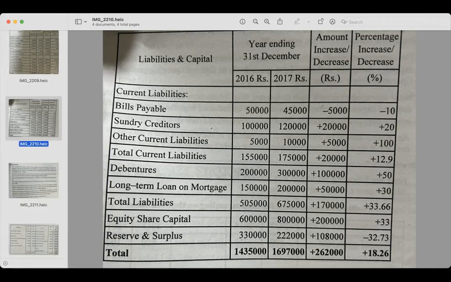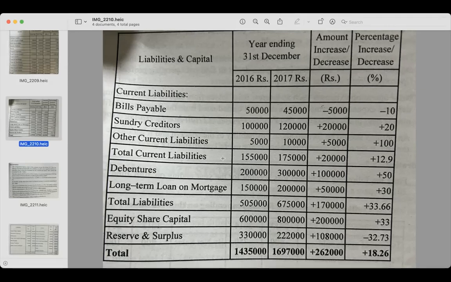Then other current liabilities, 5,000 and 10,000. There's an increase of 5,000 indicated with plus sign, and 5,000 by 5,000 into 100 is 100%. 100% is positive increase indicated with plus.